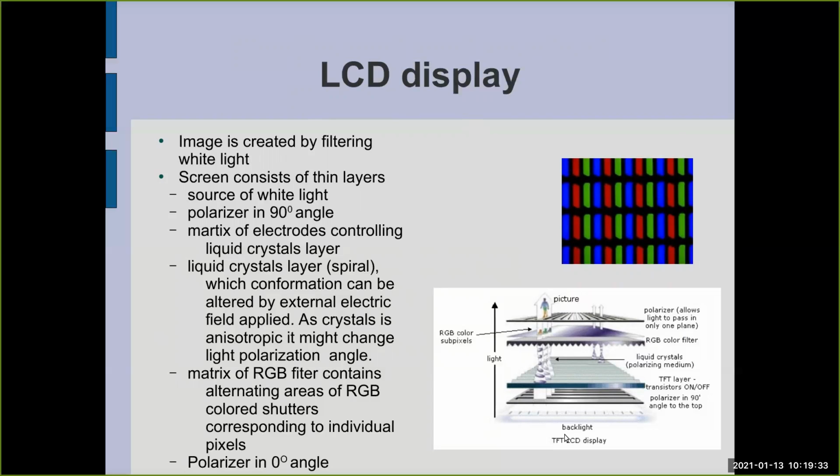So look, the LCD displays consist of several elements. The first element is a backlight. This is a plane which generates uniform white light.